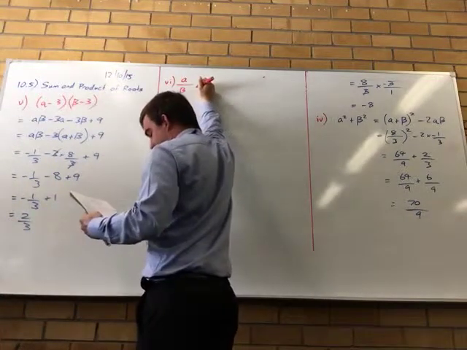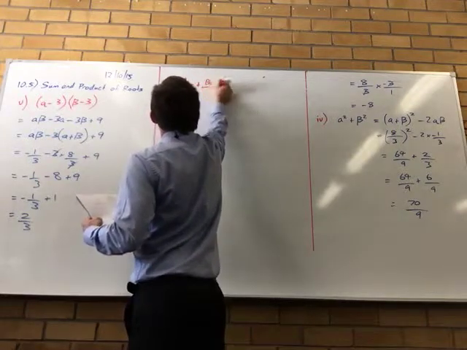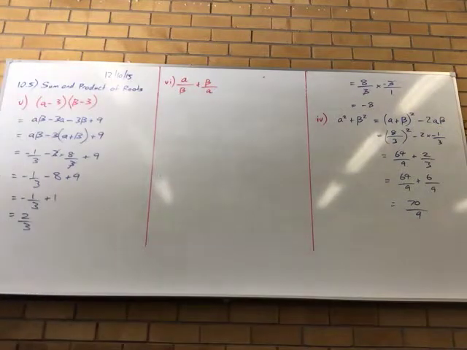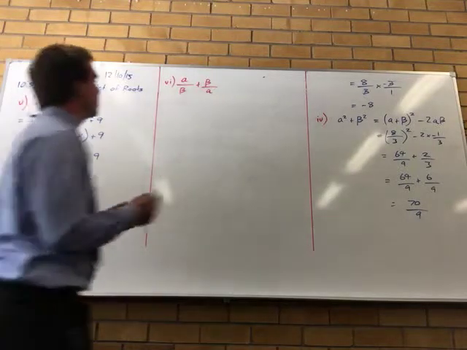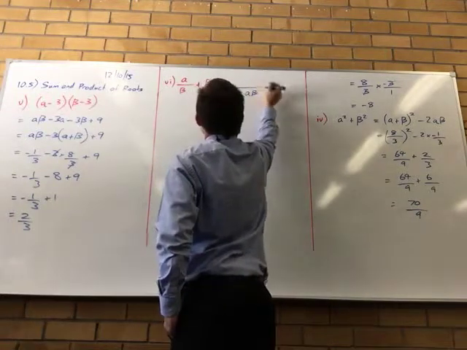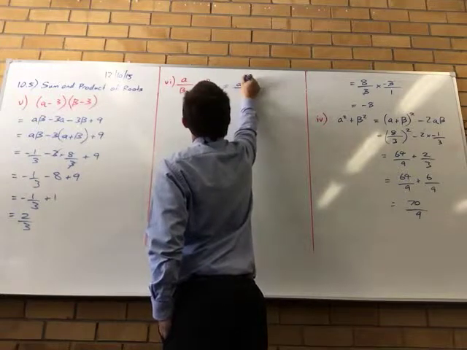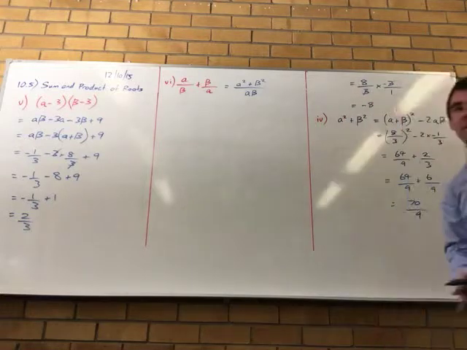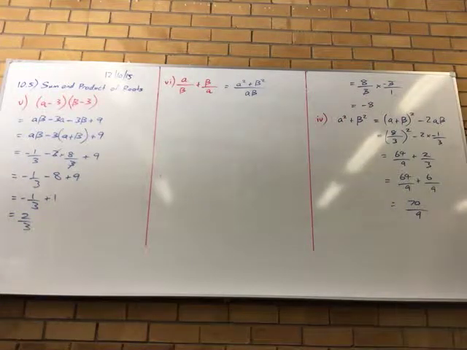Alpha over beta plus beta over alpha. What do I do? Cross multiply, good. Okay, so put it over common denominator, alpha beta. So I've got alpha squared plus beta squared when we cross multiply. What do I do from here?